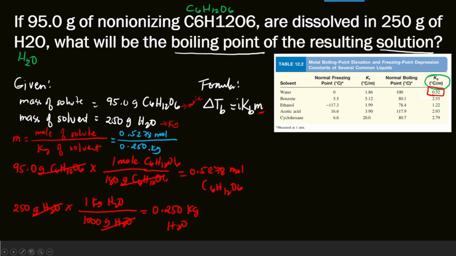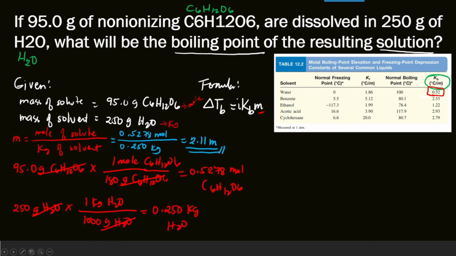So we compute 0.5278 divided by 0.250, and we have 2.11. So we have 2.11 m, our molal. Now we can compute the boiling point elevation.